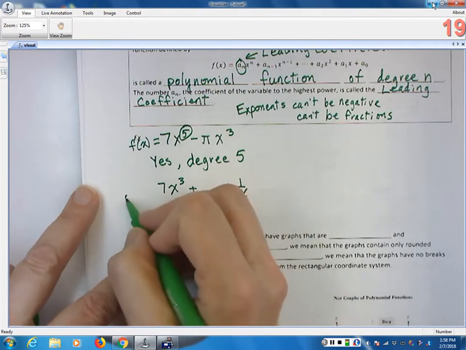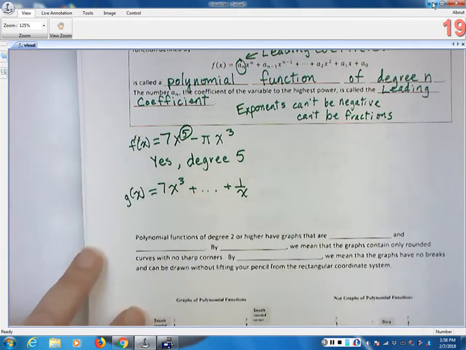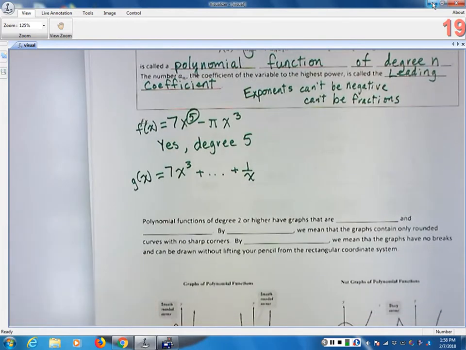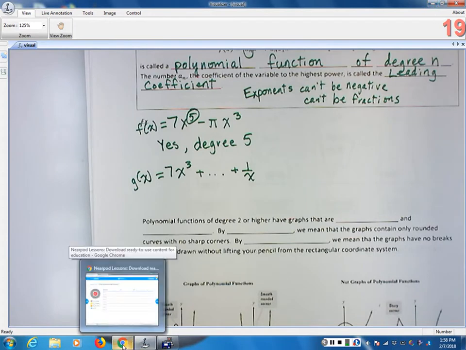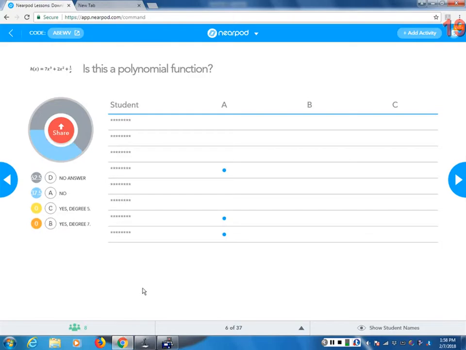Is this a polynomial? Go ahead and answer that. We're going to share that. And we have a lot of no answers.